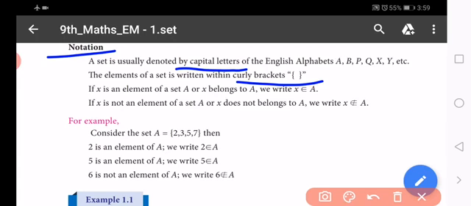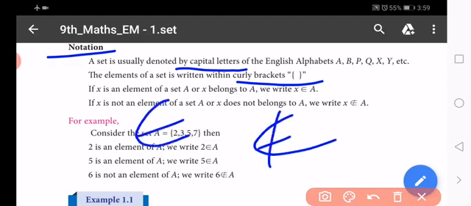The elements of a set are denoted by small letters in the English alphabet. The main notations used in sets are belongs to and does not belong to.